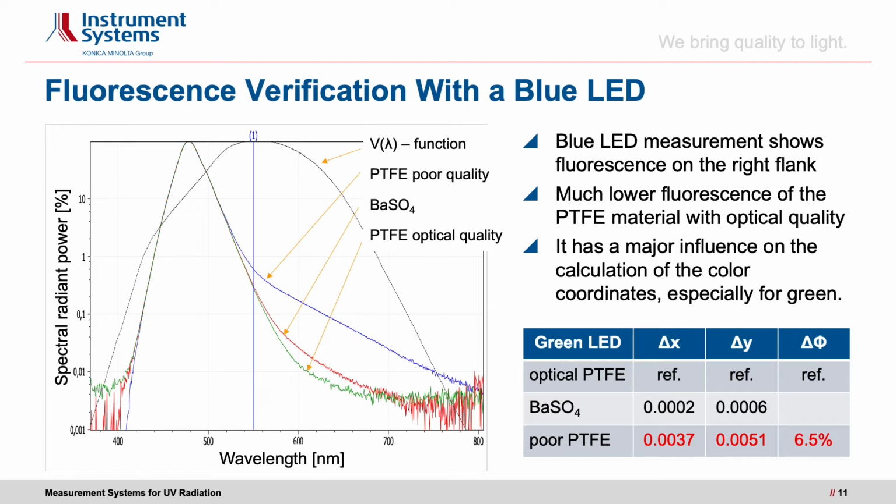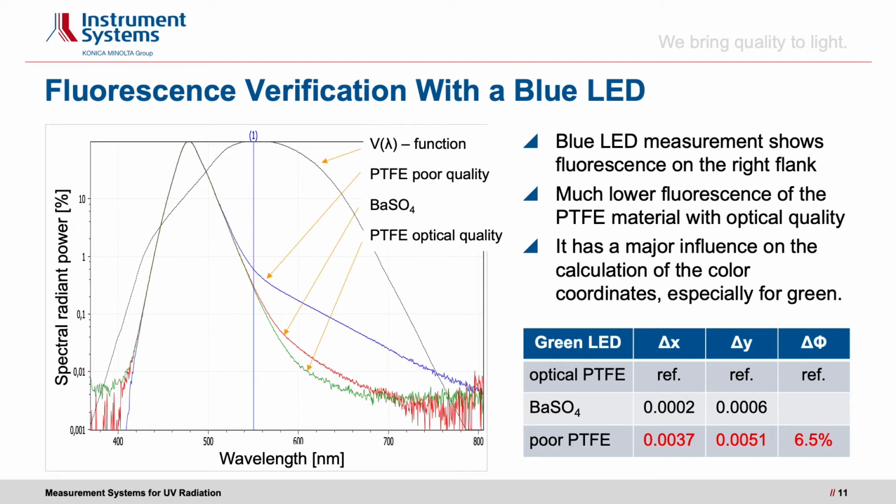The main limit for the usage of the integrating spheres for flux measurement is the occurrence of fluorescence within the sphere. This can be proven using measurements of a blue LED, shown here in the graph. So the blue LED measurement shows fluorescence on the right flank.